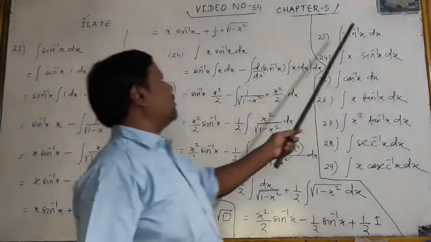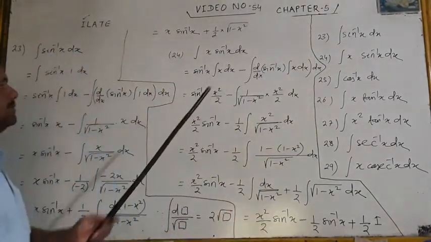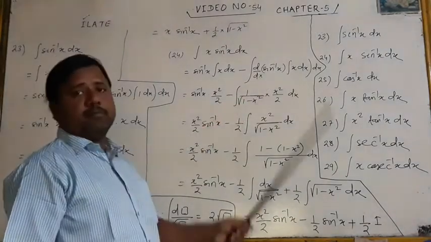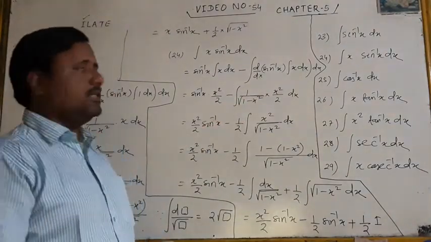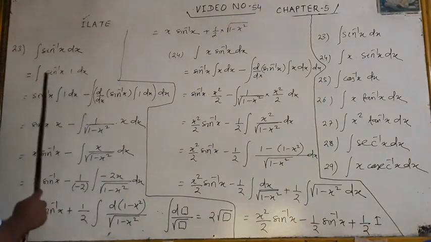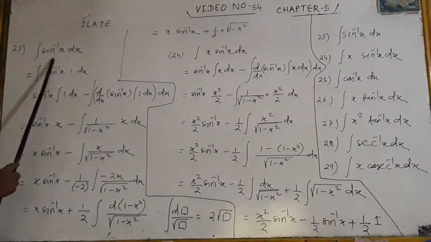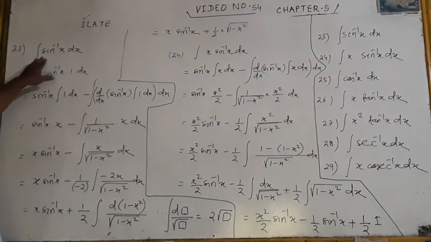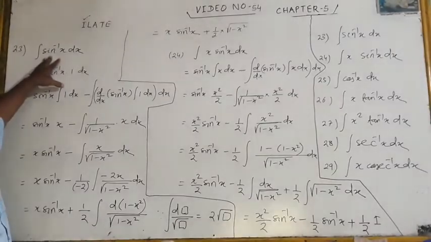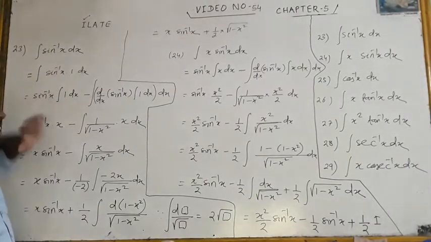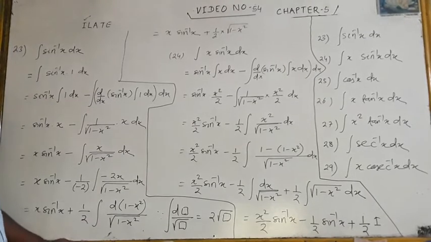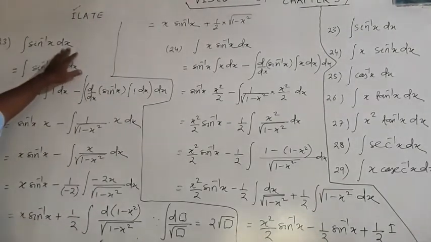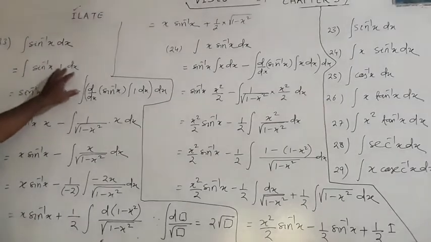Now look at this problem, sine inverse x. All these problems are very important for your board examinations. I am taking sine inverse x into 1. First, don't think integration of sine inverse x is 1 by root of 1 minus x square. Okay, it is the derivative of sine inverse x that is 1 by root of 1 minus x square. Now it is sine inverse x into 1 dx.